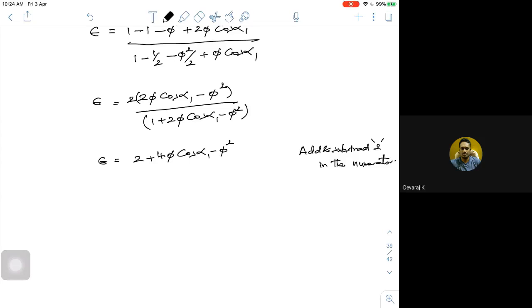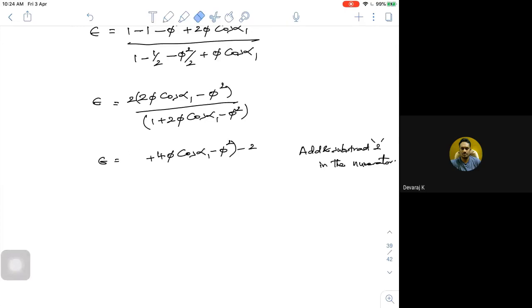Then minus 2. If I take 2 outside, it will be like this. Let me open the next step.